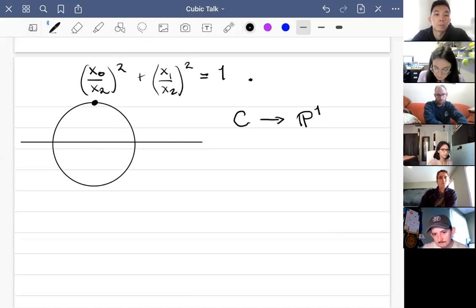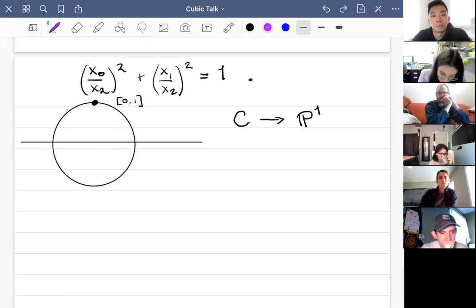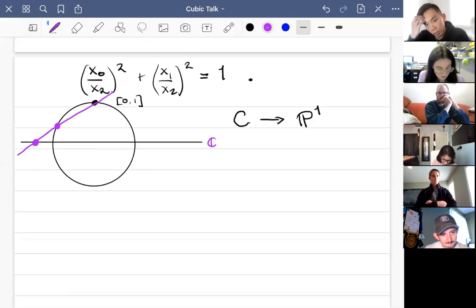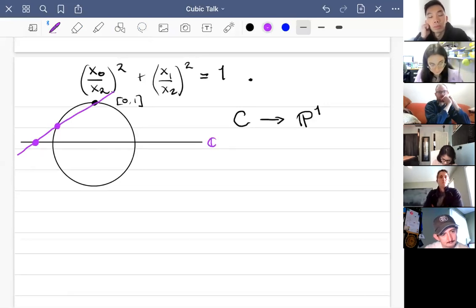In this chart, we can look at the North Pole, which is 0, 1. And we can just consider stereographic projection. We can take lines through this North Pole. They're going to hit my circle in exactly 1 point. And I'm going to map this point down to this point, which in this picture is just C.